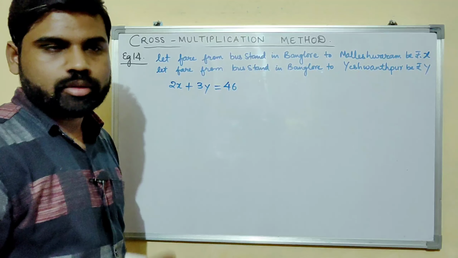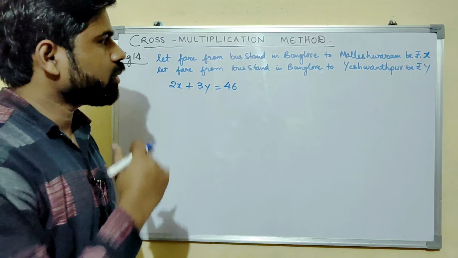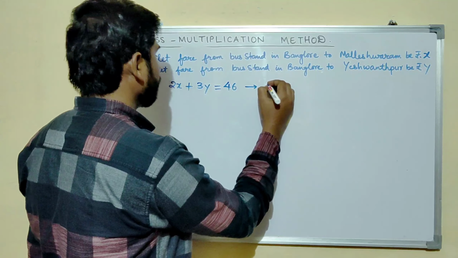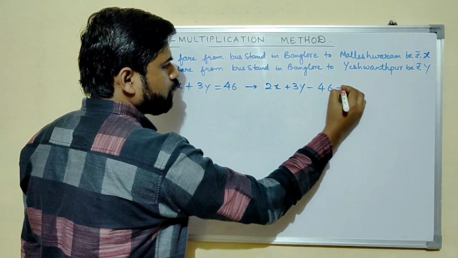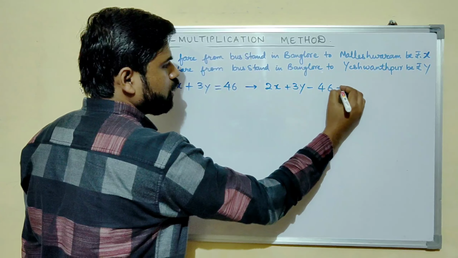Now for the cross multiplication method, you need the equation in the standard form. So convert this in the standard form as 2x plus 3y minus 46 equals 0. This will be your first equation.